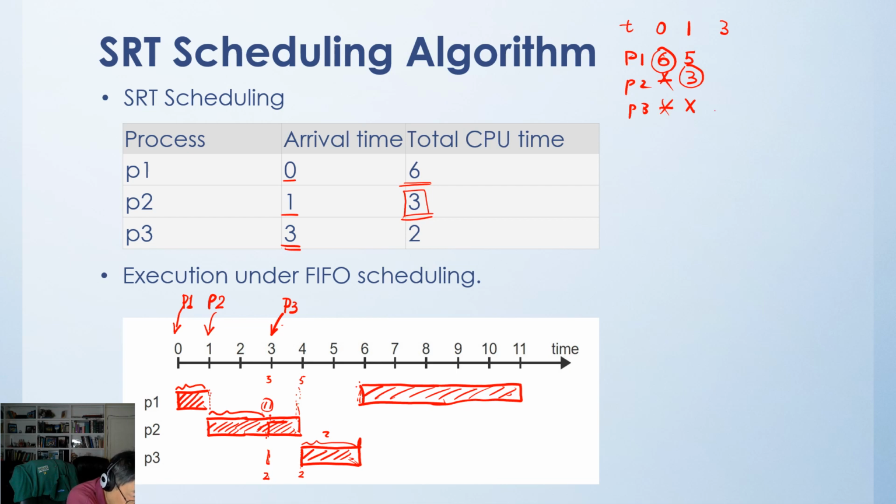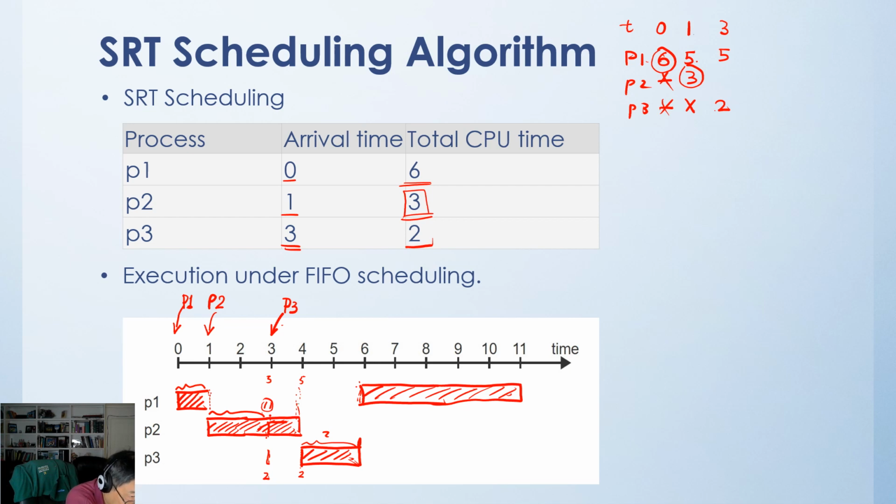When P3 enters the ready queue and fights for the CPU. Now what's the remaining time for P3? It's 2, right? Now remaining time for P1, it's still 5 because P1 was kicked out at the time 1.